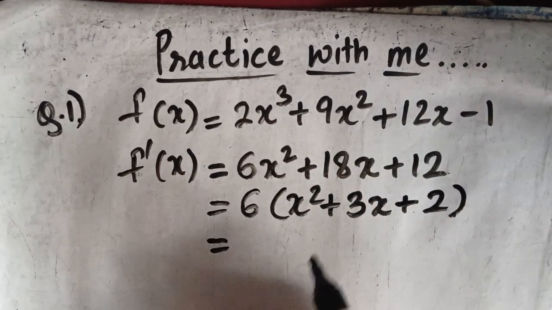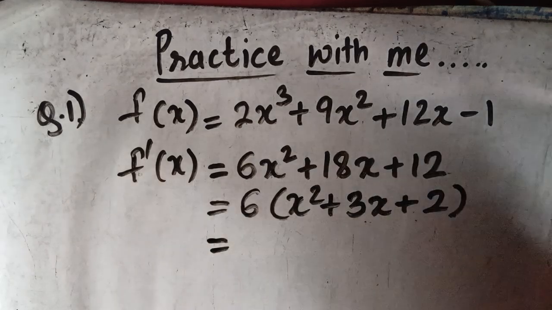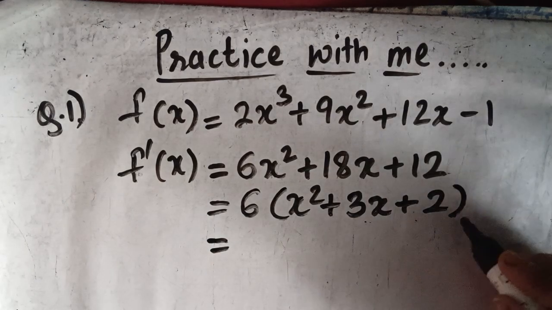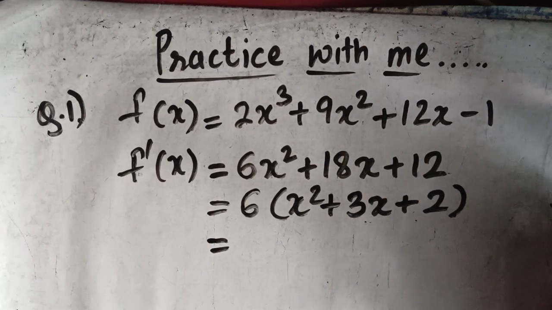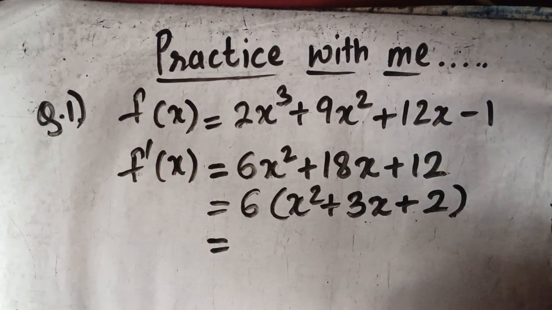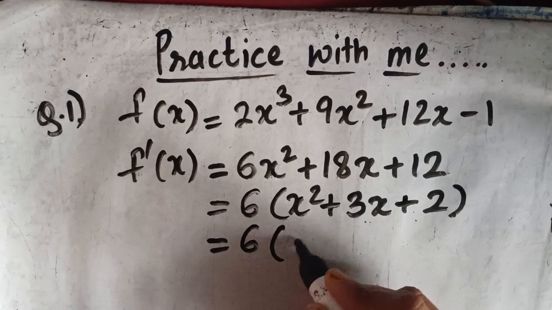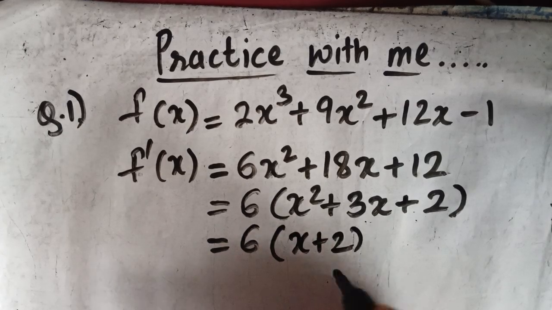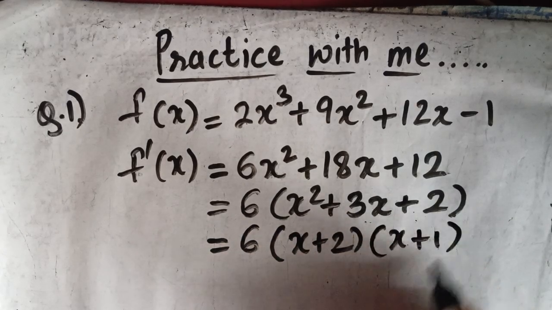Now find the factors of this. The product is 2 and the sum is 3. So the factors are 2 and 1, since 2 plus 1 is 3. So this can be written as x plus 2, x plus 1.